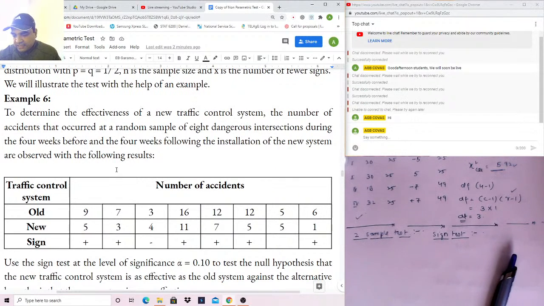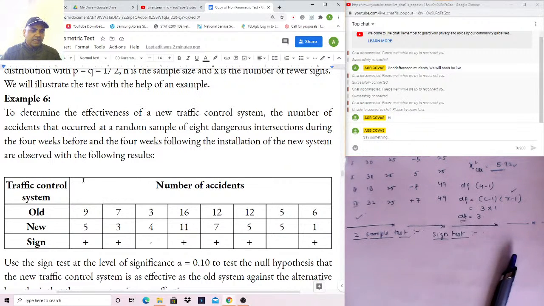So let us take an example. To determine the effectiveness of a new traffic control system, the number of accidents that occur at a random sample of 8 dangerous intersections during the 4 weeks before and 4 weeks after the installation of a new system are observed with the following results. Okay.